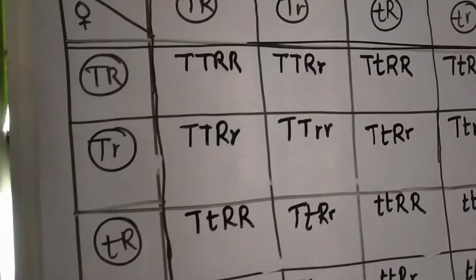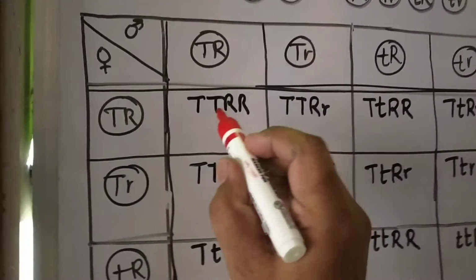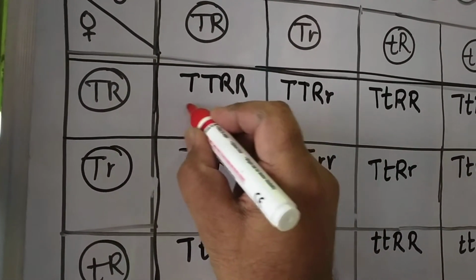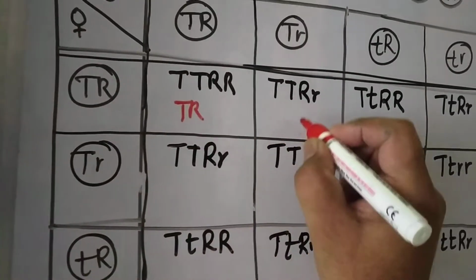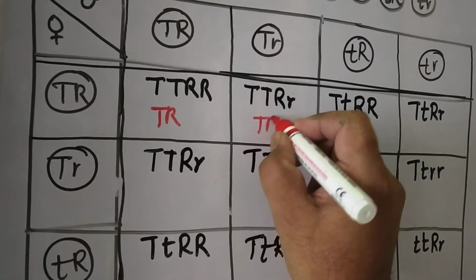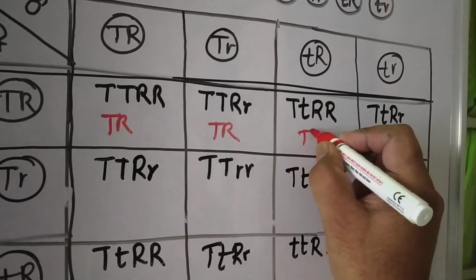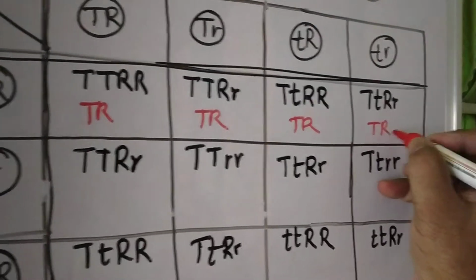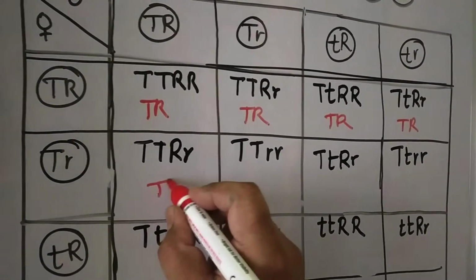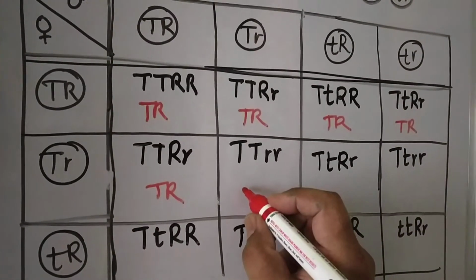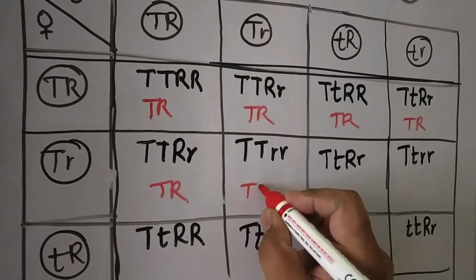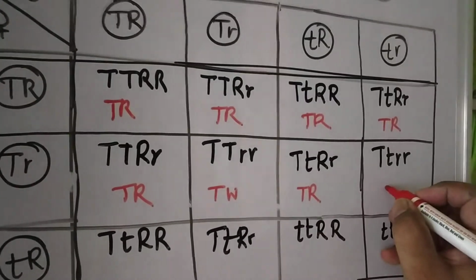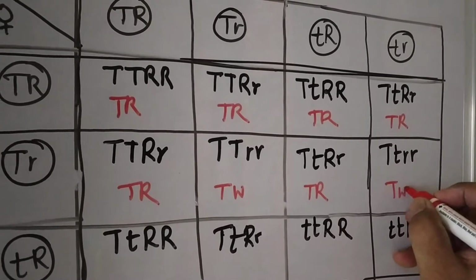Okay. Now let us write down the phenotypes. Capital T, capital R means these are tall round. These are also tall round. Okay. And tall round. Here tall round. Here tall and wrinkled. Tall round. Tall and wrinkled.